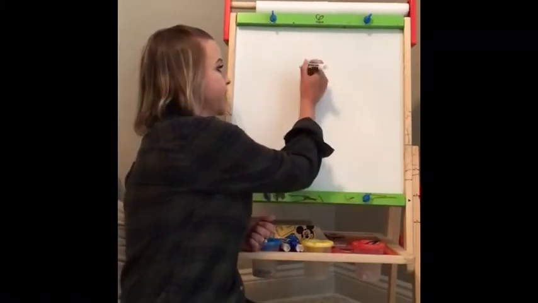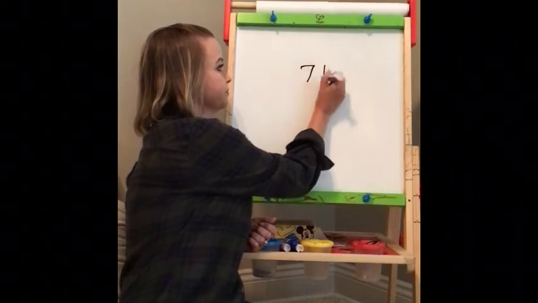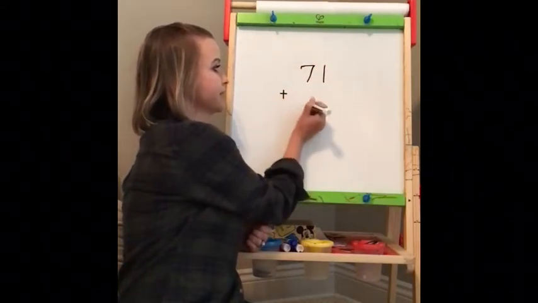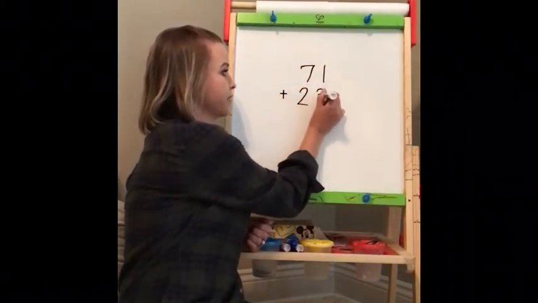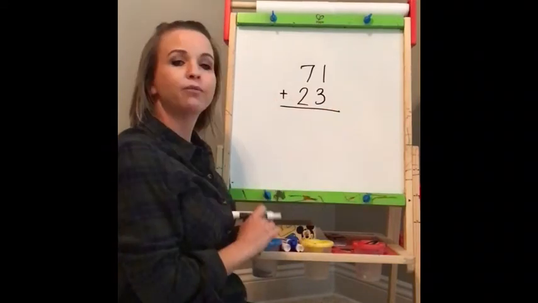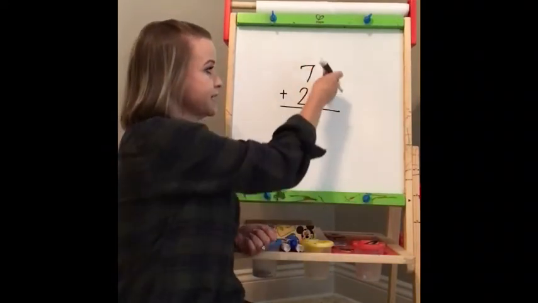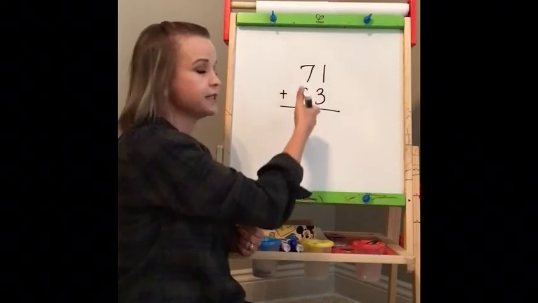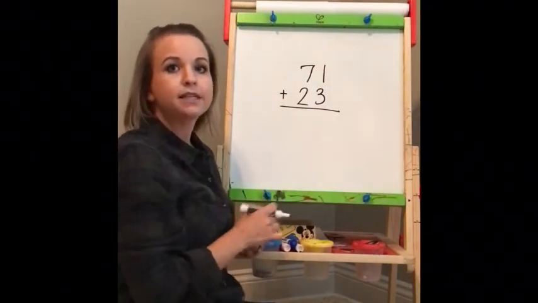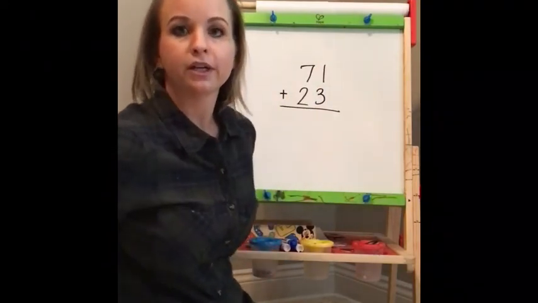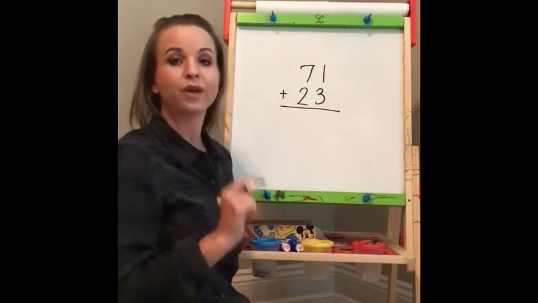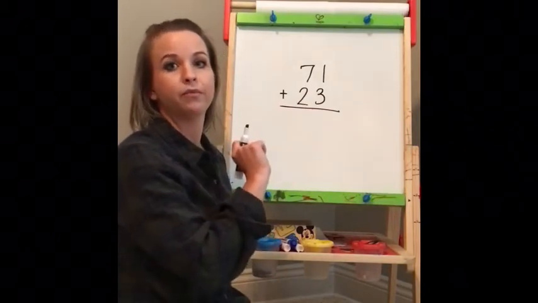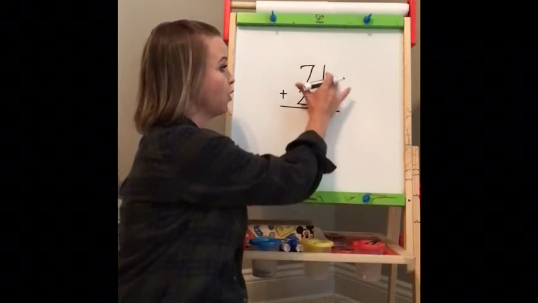All right, so you should have 71 plus 23. Make sure your place values line up. Ones place is lined up with the ones place. Tens place is lined up with the tens place. Does it matter what side we start on? It does. We must start where? The ones place.